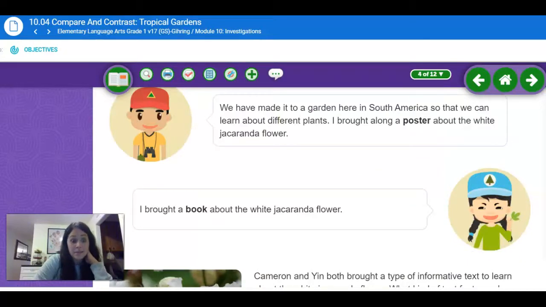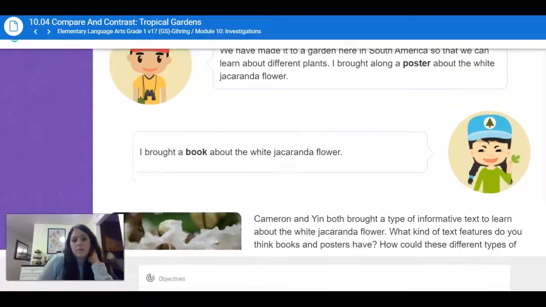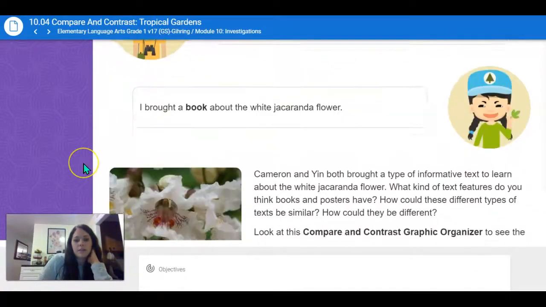Okay, I hope you practiced your AR words on that game, and now we have made it to a garden in South America, so we can learn more about different plants like we have been in our last lessons. So I brought a poster about the white Jakarta flower. Let's check it out here.